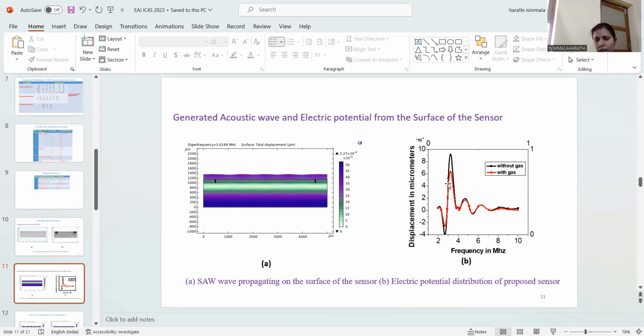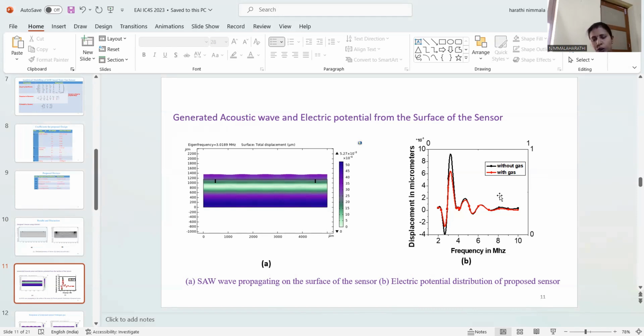It is very clear that without the gas the displacement is high, and with the imposition of gas over the sensing layer, the displacement has decreased. This decrement of the displacement is due to the change in the mass loading which is taking place over the sensing layer.